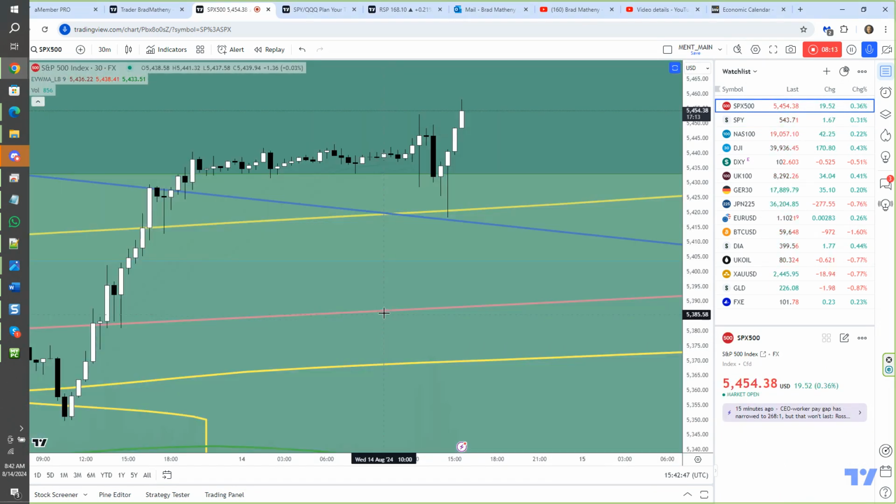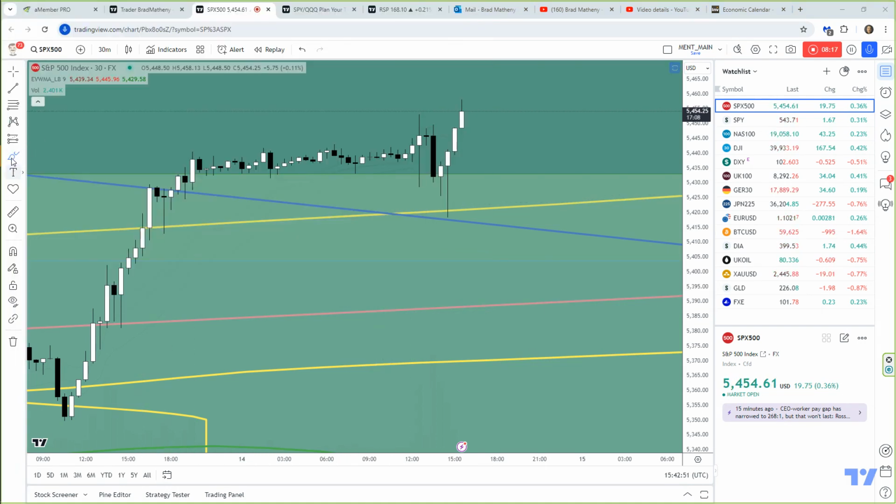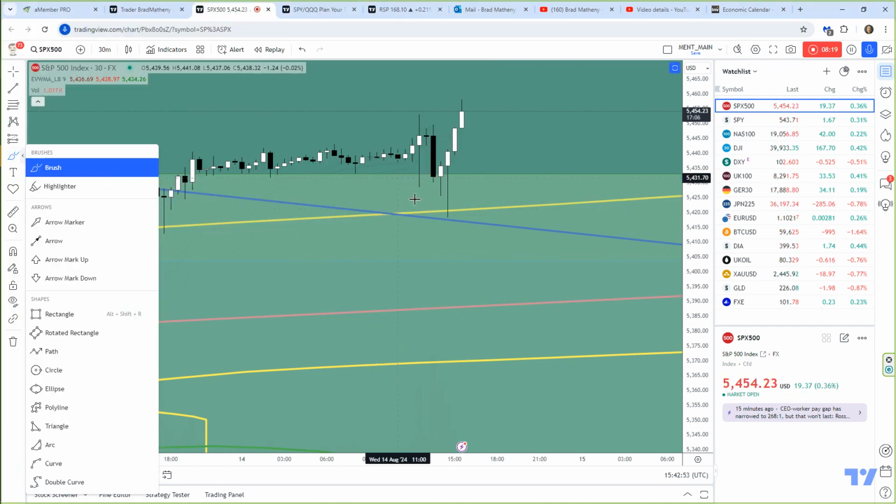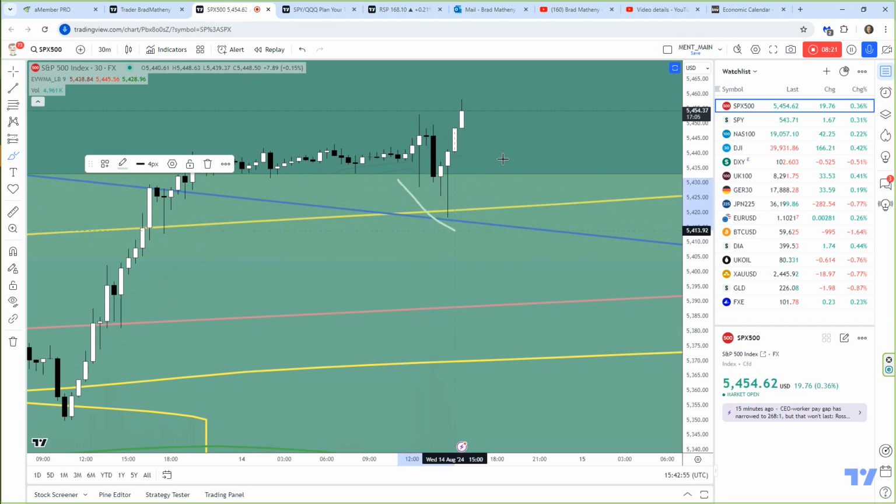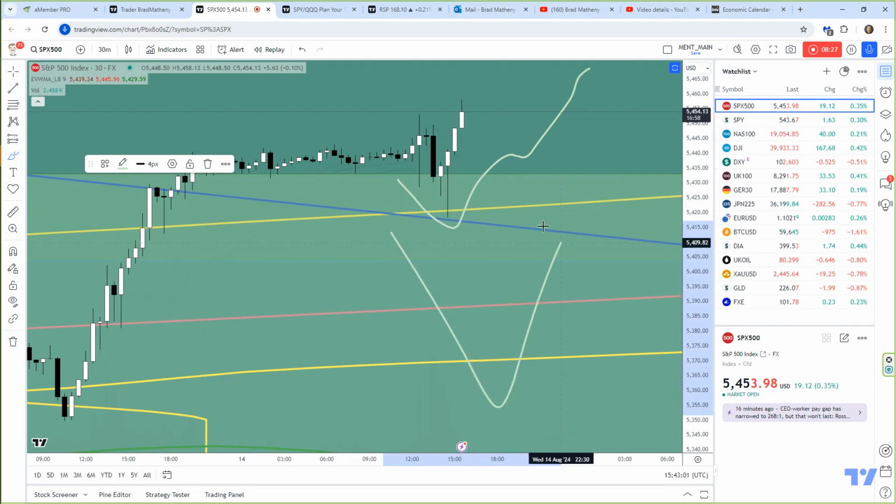I may have no lines on here. Okay, so here's a temporary bottom. A temporary bottom is a move downward that rolls into a base and then consolidates and moves upward. It's not a real big, deep bottom. It's more like an intermediate bottom that sets up, just rolls kind of like we had right here. Not a very deep bottom.